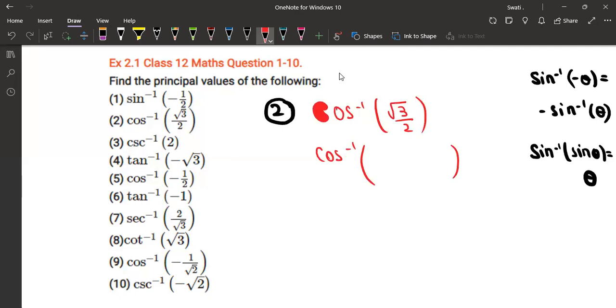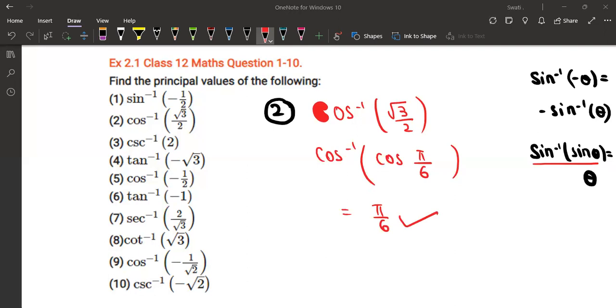Of course, cos 30. The value of cos 30 is root 3 by 2, so we write cos pi by 6. Now what is cos inverse cos theta? Just the way sine inverse sine theta is theta, cos inverse cos theta is also theta. So using that formula, it simply becomes pi by 6. Therefore, the answer is pi by 6.